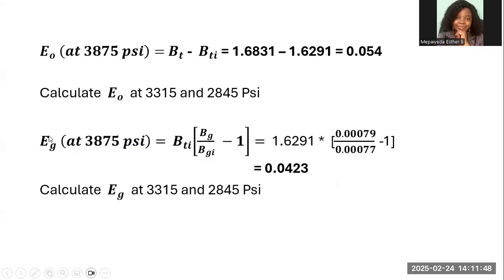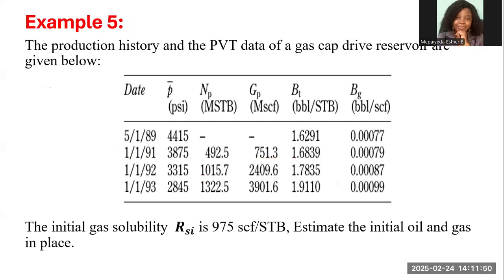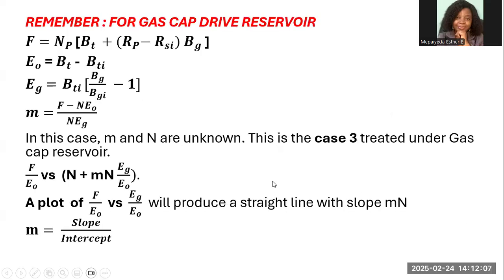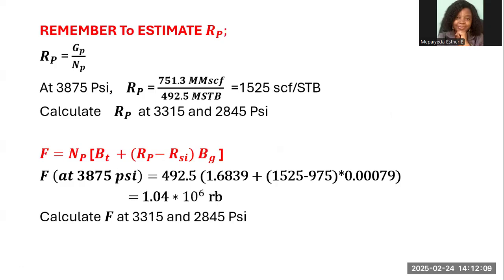You have the data, so you have your GP, and GP over NP gives you your RP. It's quite simple: just divide this by this, and then you have your RP.